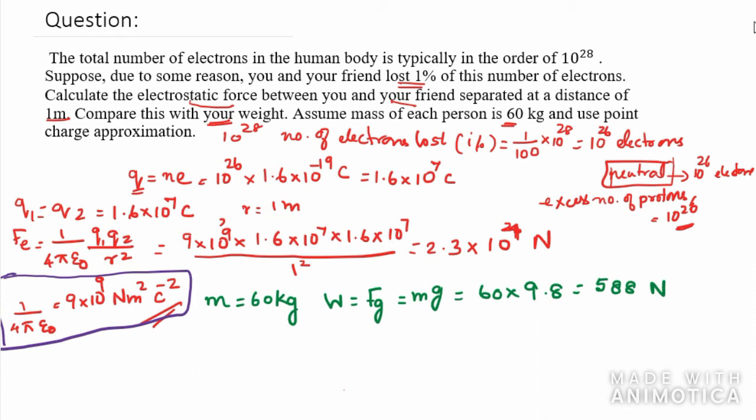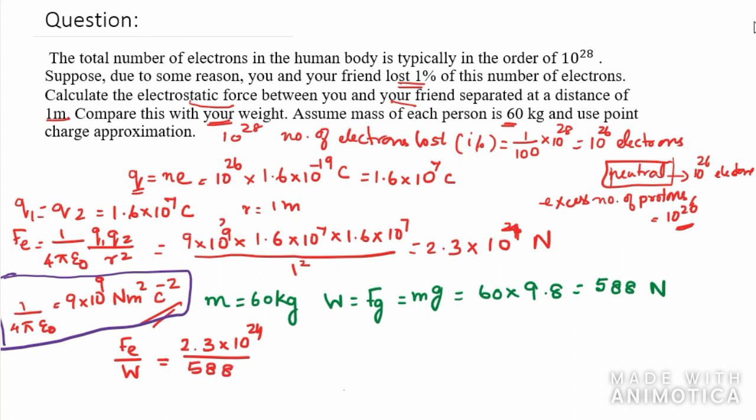So you have to compare the electrostatic force with the weight. F by W is equal to 2.3 into 10^24 divided by 588.